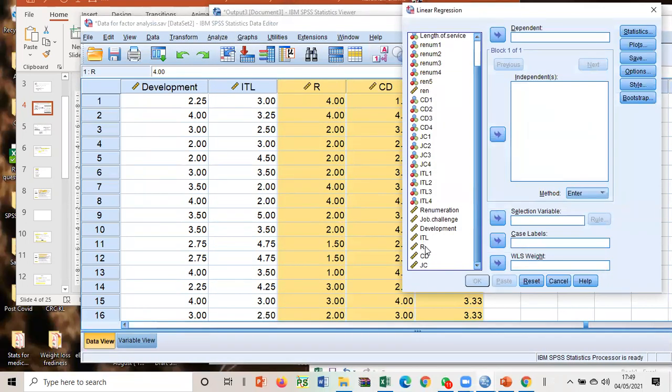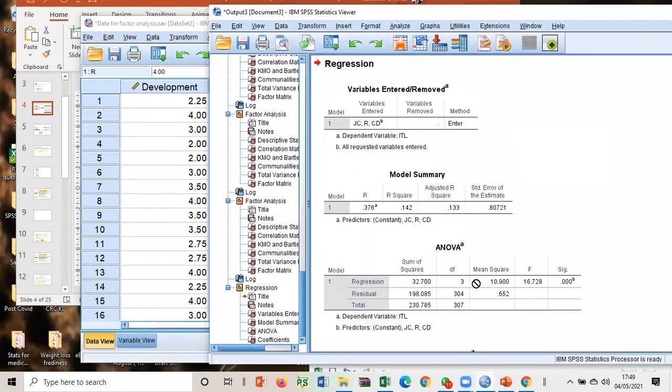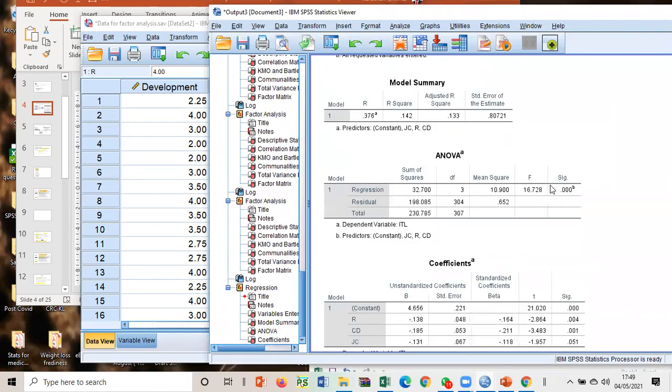Dependent: I already have this, ITL. Independent: these 3. I don't want to go into details. Just click OK. What does the ANOVA table say? There is a dependency. At least ITL depends on at least one of the 3.